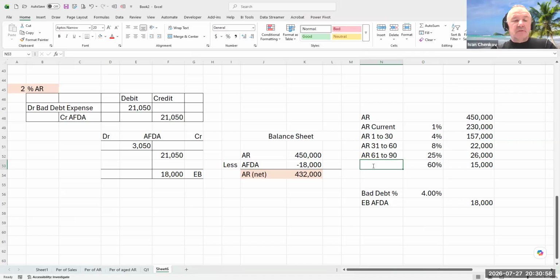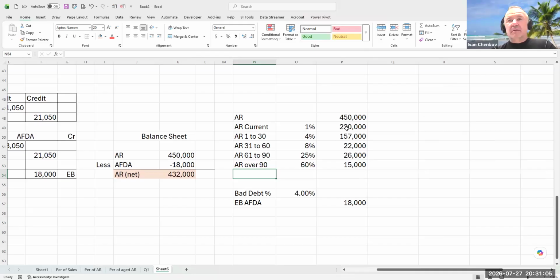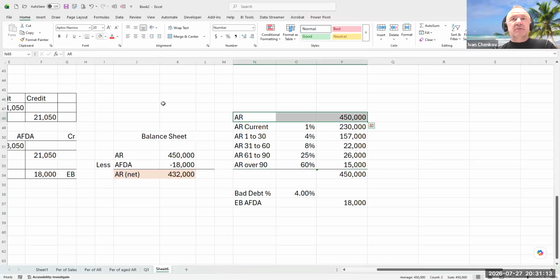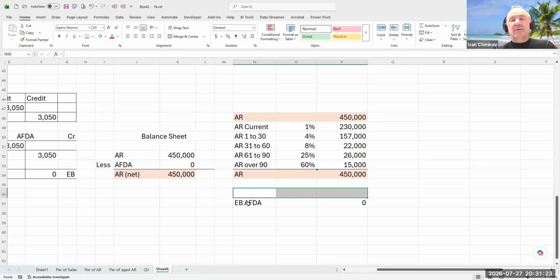And that's going to be accounts receivable over 90 days. So once we calculate everything, that should give us accounts receivable of 450,000. Yes, we are correct. So this accounts receivable beginning is matching the link. So now let's see, this percentage is irrelevant now.